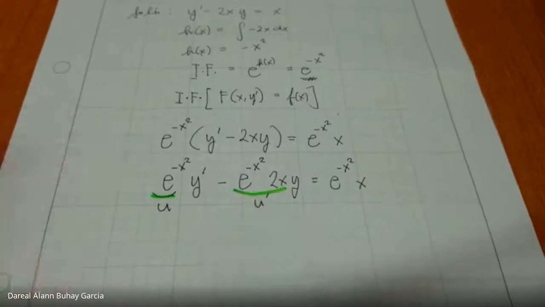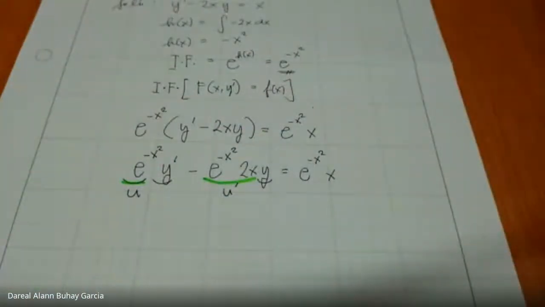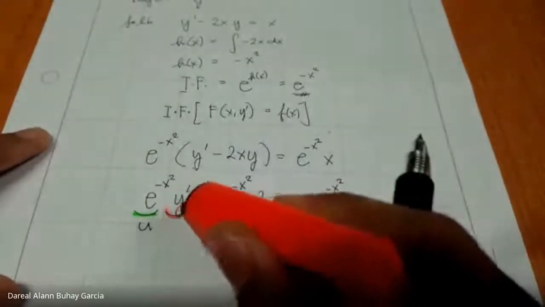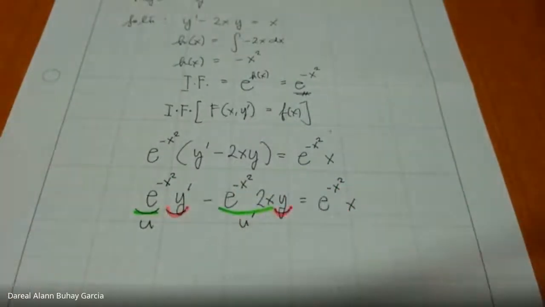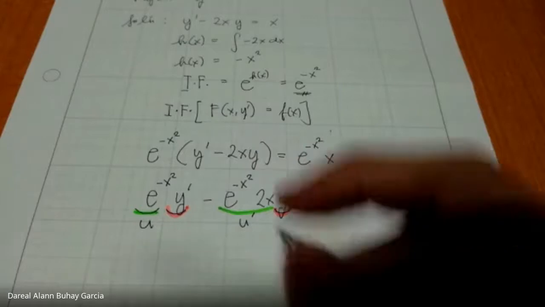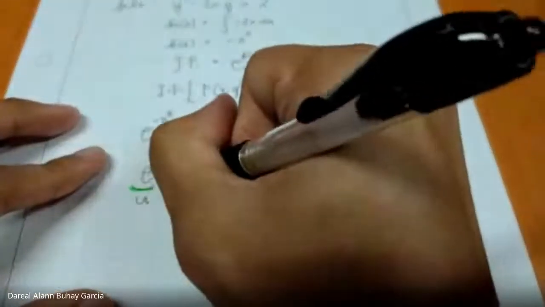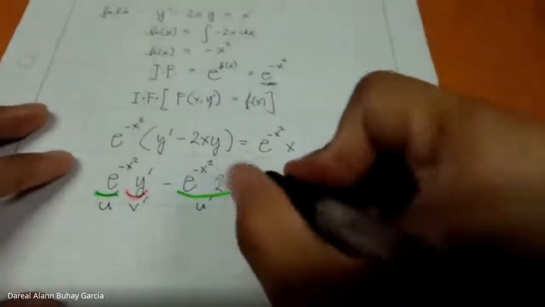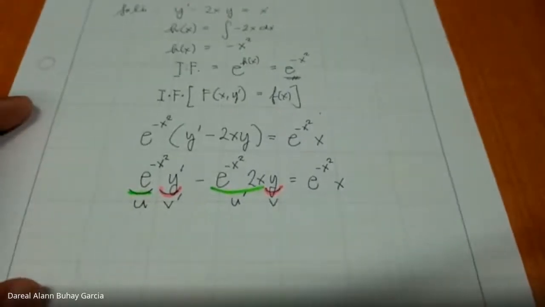Right? Yes, sir. Then here, y prime and y are our v prime and v. So v prime is y prime, meaning v is y. Okay?